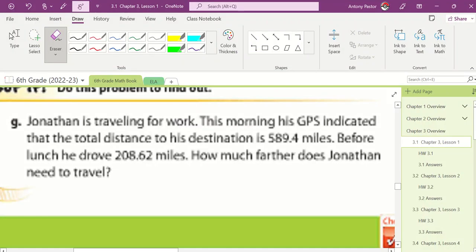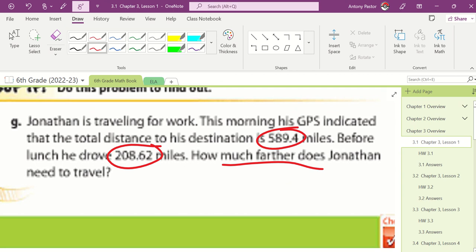How much farther does Jonathan need to travel? How much farther indicates that this is going to be a subtraction problem. If his total distance to his destination is the 589.4 miles, and he already drove this much, how much farther does Jonathan need to travel?